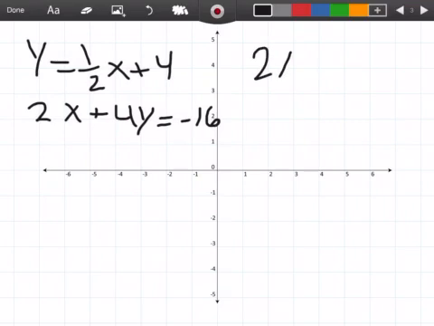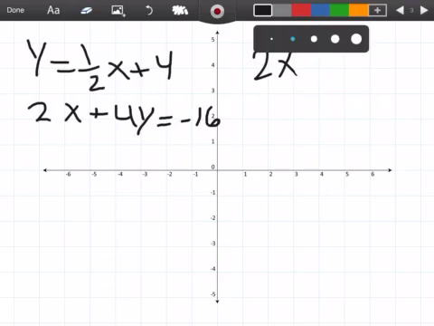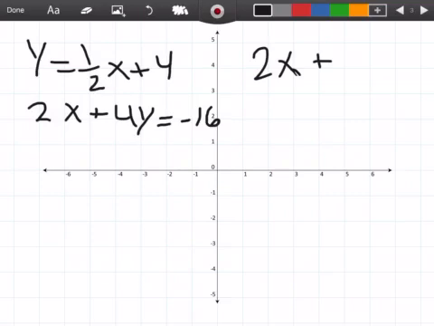First we have to make both equations into y-intercept form. So 2x plus 16 equals negative 4y. Let's say it with negative, sorry.